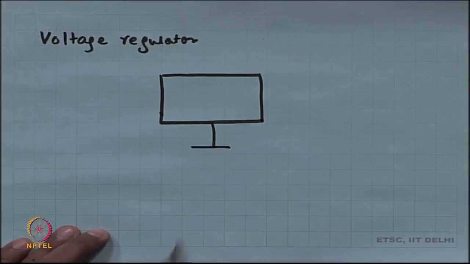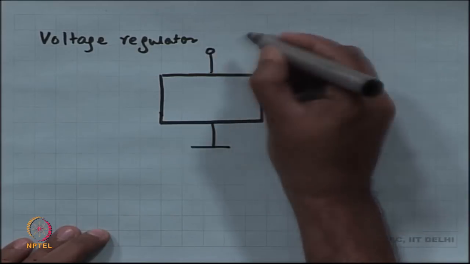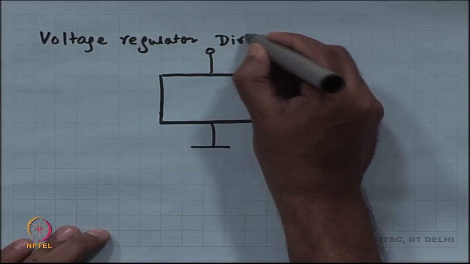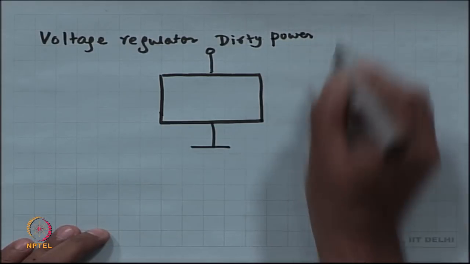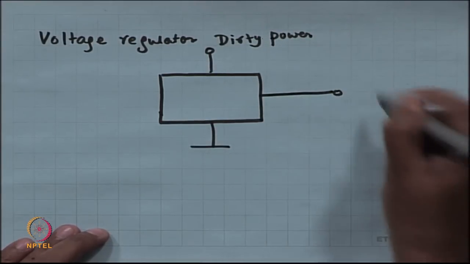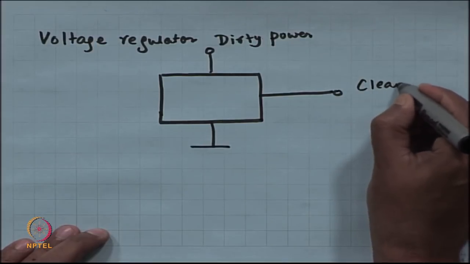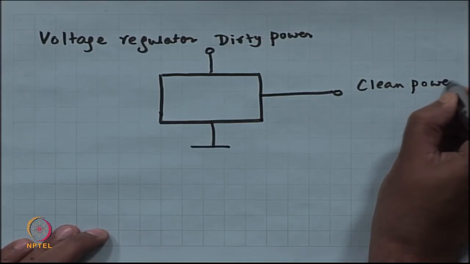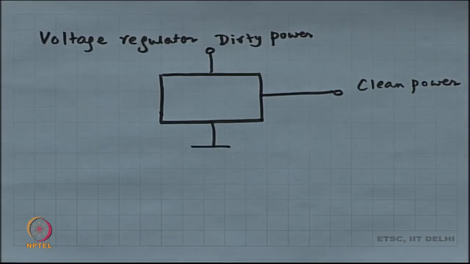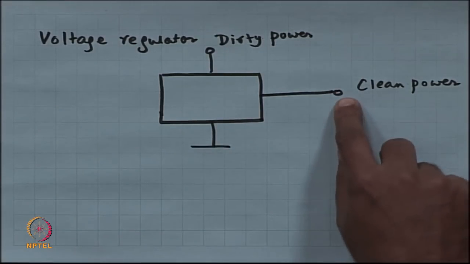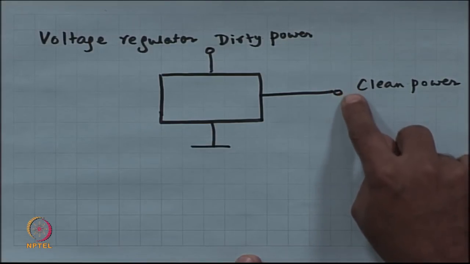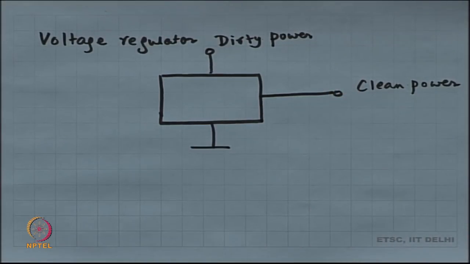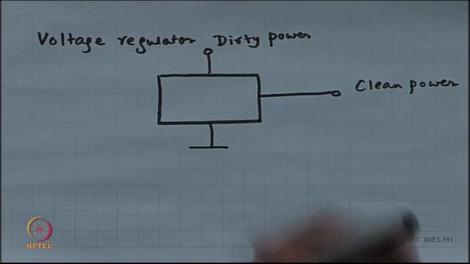One terminal is ground, the other terminal is the dirty power supply, and its output terminal is the clean power supply. And then we are going to give the analog circuit, the differential amplifier, which is going to draw power from this clean power supply, and we have to figure out what is inside.